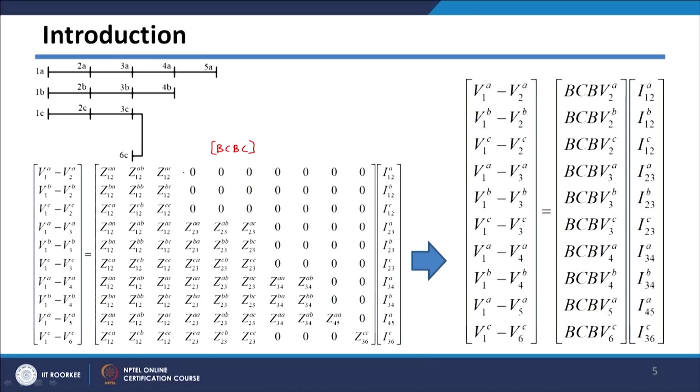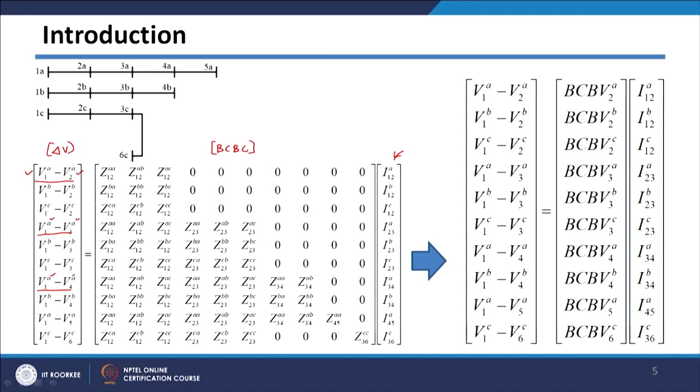We have also seen how to assemble this matrix. Here, this is basically delta V, which gives the difference between the first node and the corresponding node. So, this gives the difference of the first node to the second node, this gives from the first node to the third node of A phase, this gives from the first node to the fourth node of A phase, like this, and these are basically branch currents.